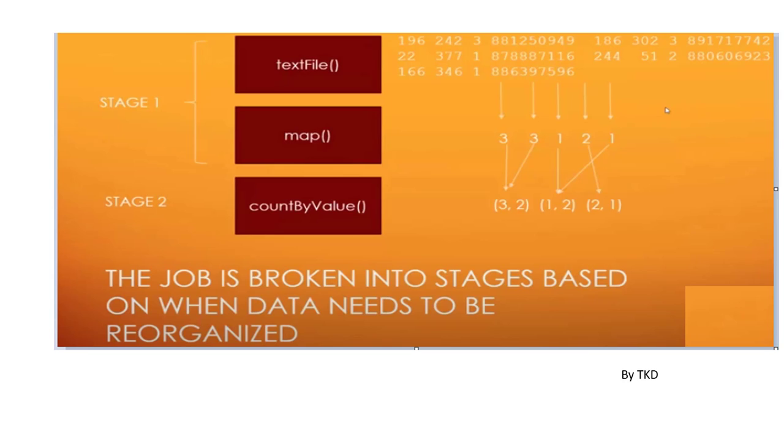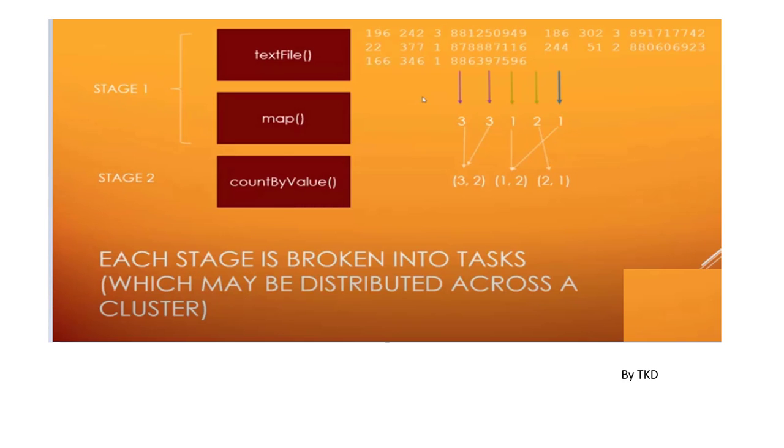And then once we have our stages, it will split those stages into tasks. So that's where things actually get distributed. Now notice that we have these sort of parallel lines of transformations going on. Maybe it will put these two lines on one node of your cluster, and the next two lines on another node of your cluster, and the last line on another node.